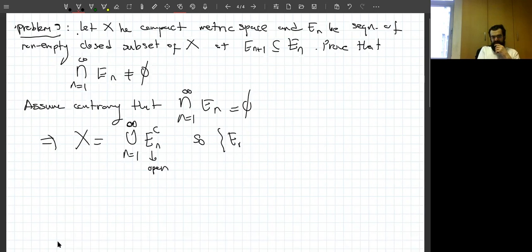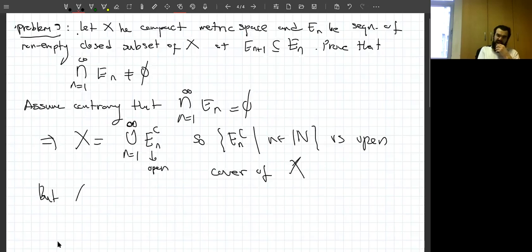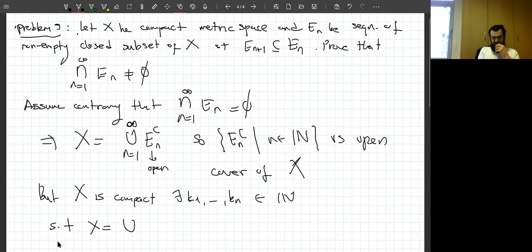So this family is an open cover of X, but X is compact. There exist k_1, ..., k_N such that X is the union of E_{k_i} complement.